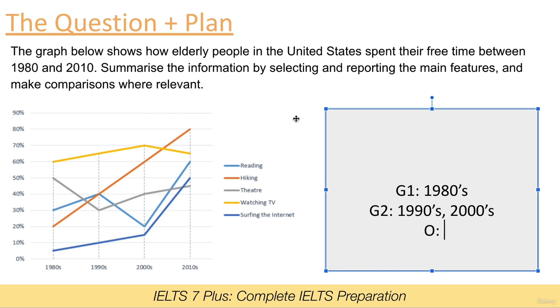There was a bit of a drop in the 80s and 90s in doing activities in free time. By the end of the noughties, most leisure activities had seen a rise in percentage of elderly people spending time doing them. Let's talk about that.